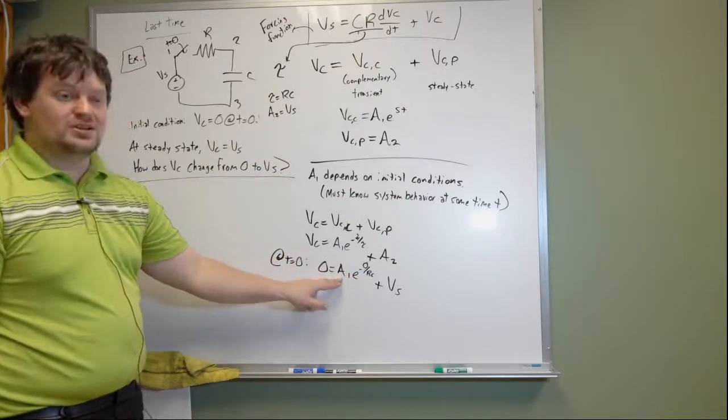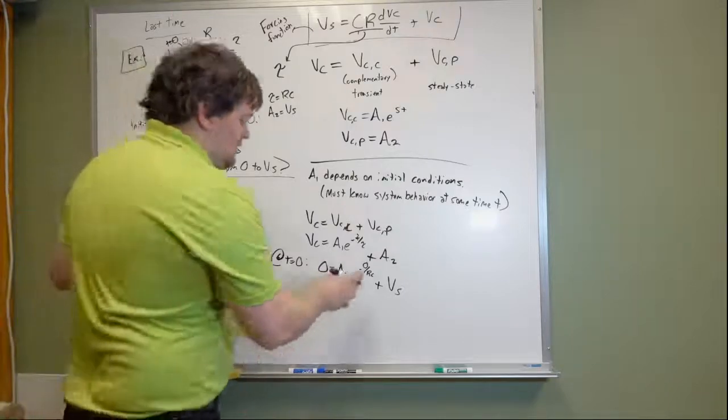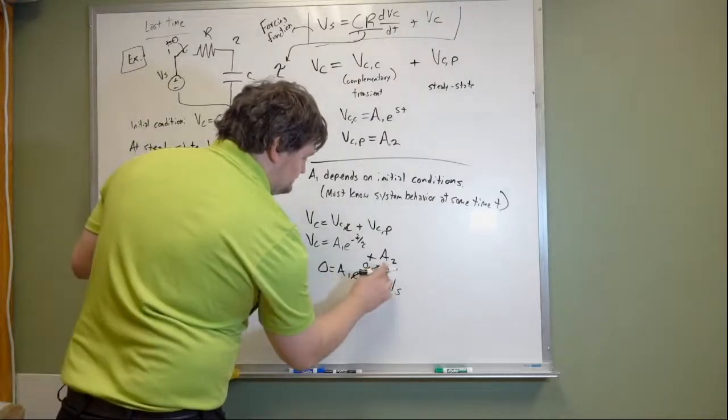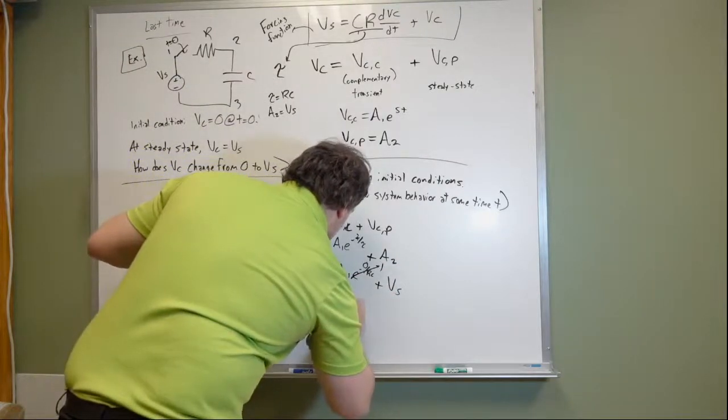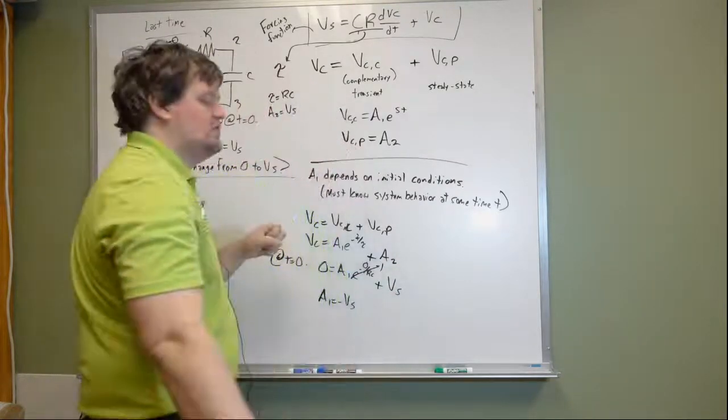The only thing we don't know in here is A1. The exponential goes to 1. Vs then gets brought to the negative side, and A1 is equal to negative Vs.